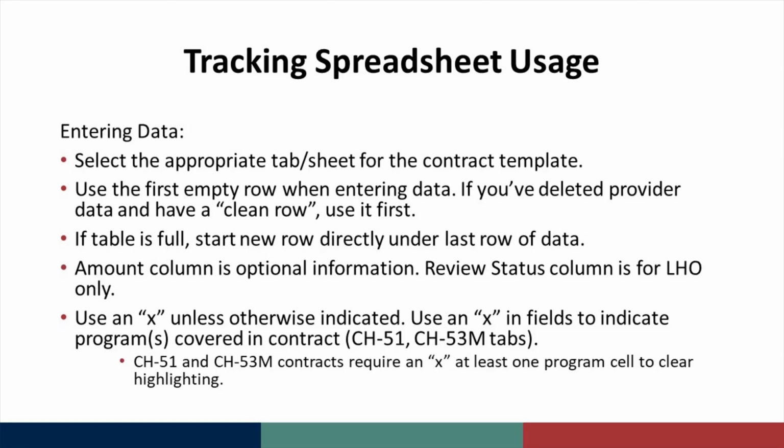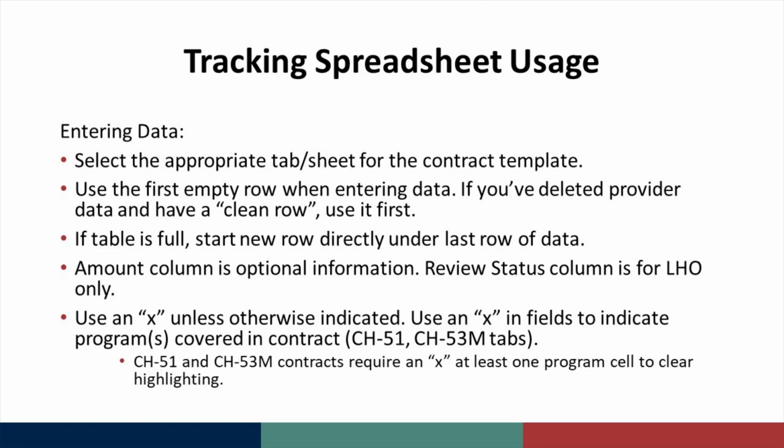To enter data into the spreadsheet, select the appropriate tab or sheet for the contract template. Use the first empty row when entering data. If you've deleted provider data and have a clean row, use it first. If the table is full, start a new row directly under the last row of data.